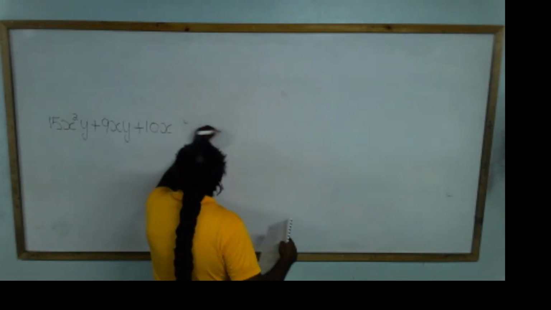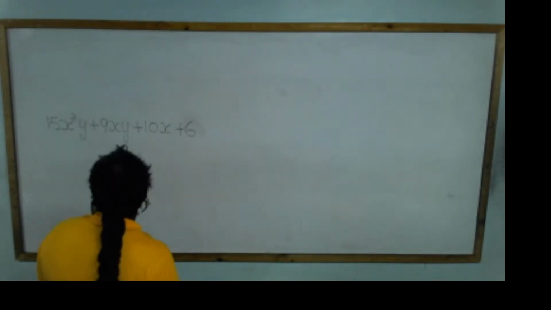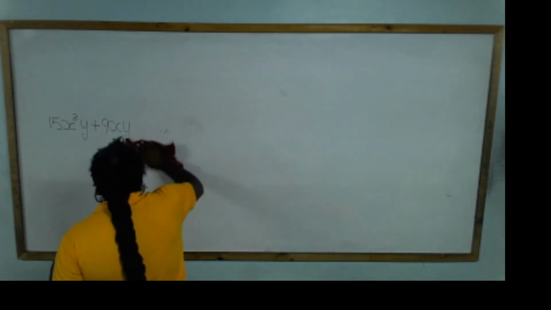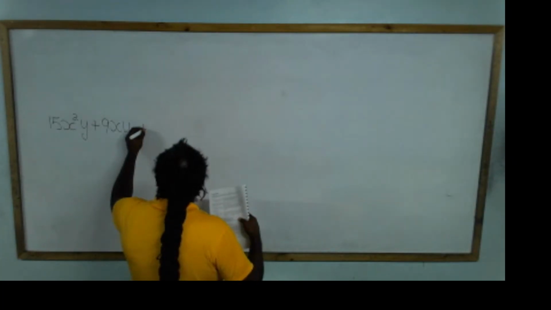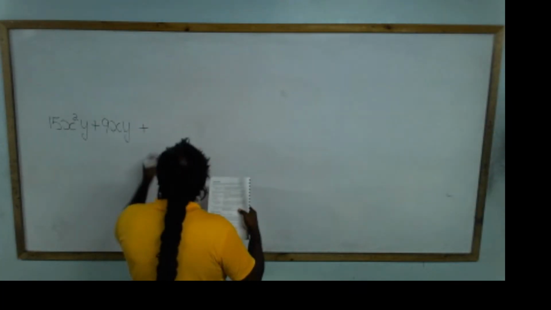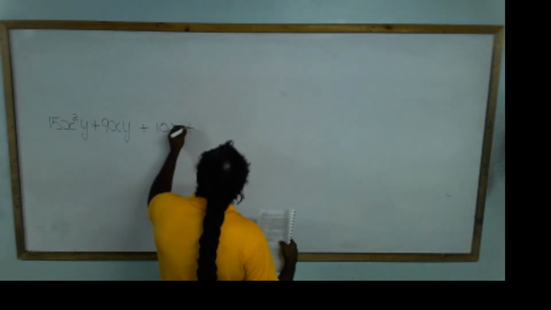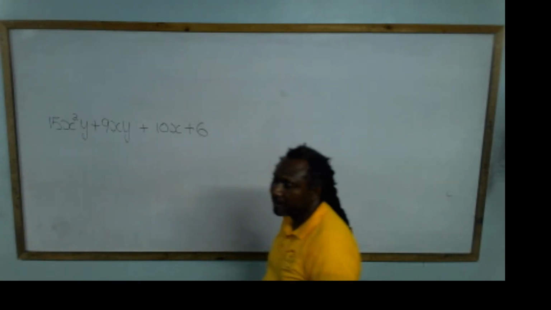I could put it as plus 6 closer. I'm going to make provisions for the abnormalities. Plus 10x plus 6. All right, so let's go.